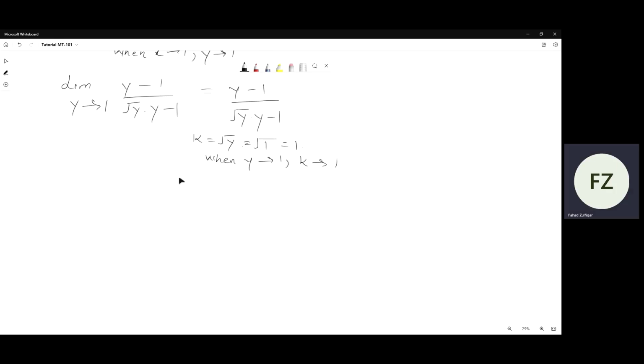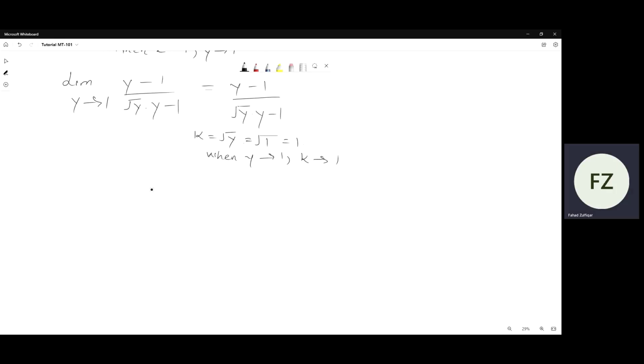So if we have to proceed further from here, we can have another function limit k approaches to 1. So k is actually under root y. So y becomes k square minus 1 divided by under root y becomes k dot y becomes k square minus 1. So this becomes limit k approaches to 1.